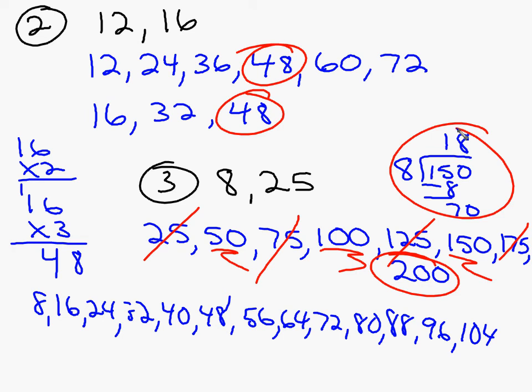And then I get to 200 and I start thinking, think of money, quarters, okay? 8 quarters make $2. So there's some things you can do to save yourself some time when you're listing these multiples, because I would have had to write a whole bunch of multiples for 8 to get to the common one, all right? So this is a skill that you have to have for adding and subtracting fractions, which we will find out next week, and we are going to stop there for today.